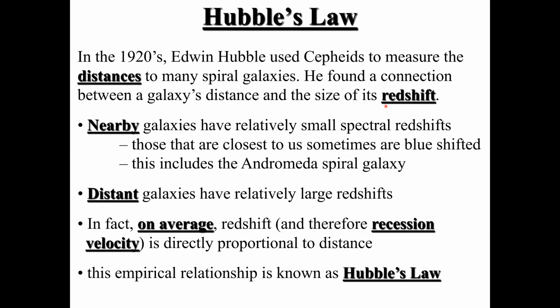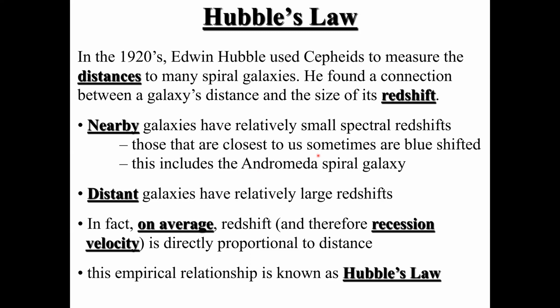Now, if you look at the nearby galaxies that have relatively small redshift, we observed the smaller redshifts are closest to us, even sometimes blue shifted. So there are instances that they have seen blue shifted, but most of them are red shifted. And this blue shifted galaxy is actually the Andromeda galaxy, if you need to remember, right?